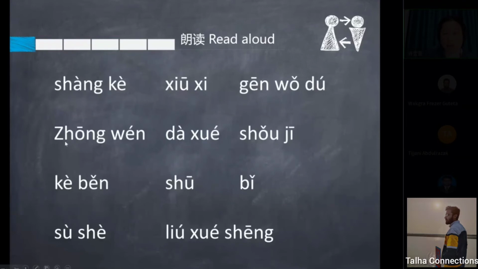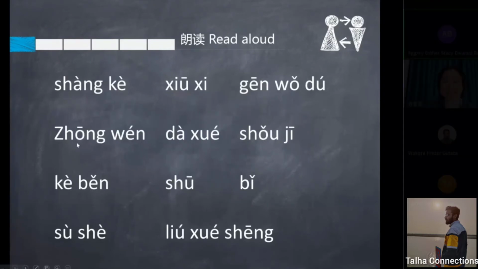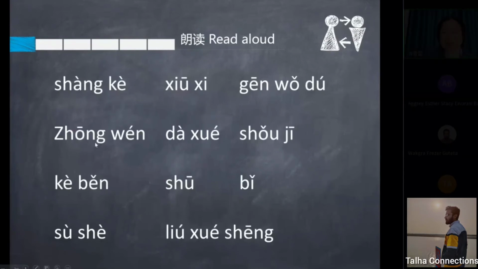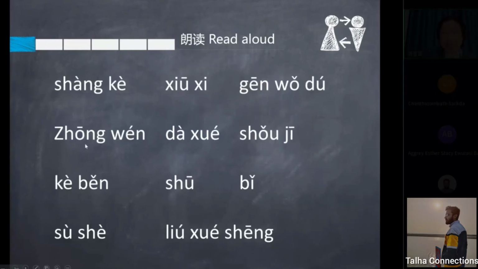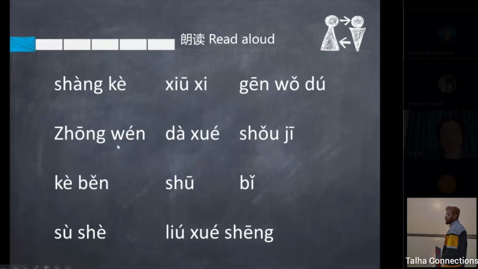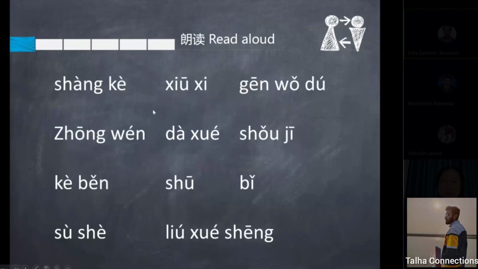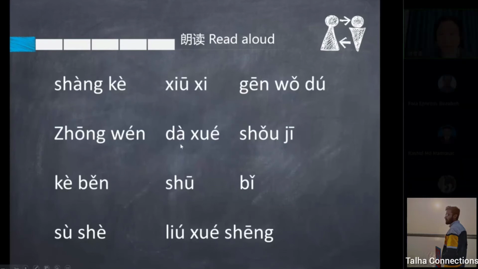So the first one, 中文. 跟我读中文. 中文. Great, 很好. 跟我读中文. 中文. 非常好, very good. Yeah, let's try the next one.